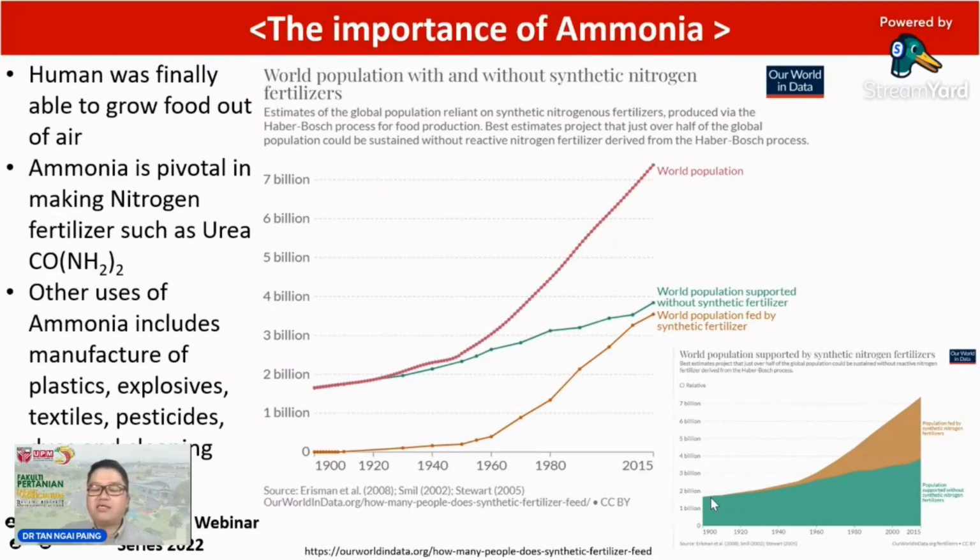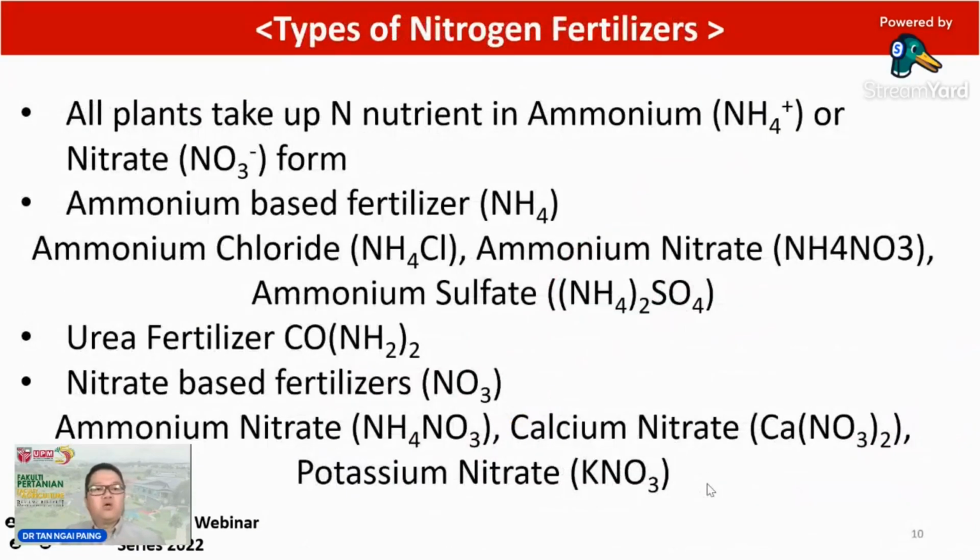If you want to relate to popular culture, maybe it's the Infinity Gauntlet. You could snap the population into half. So this is what happened. Without this nitrogen fertilizer, the population would be half as compared to what we are living in at the present moment.